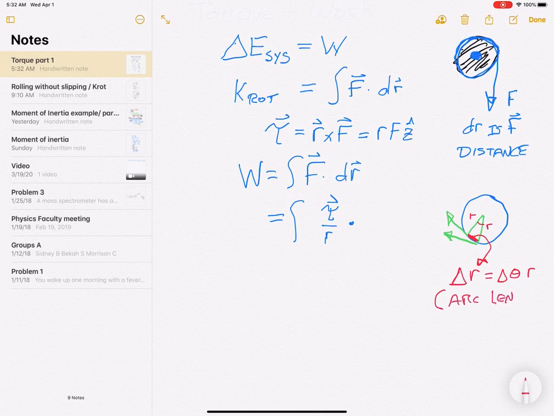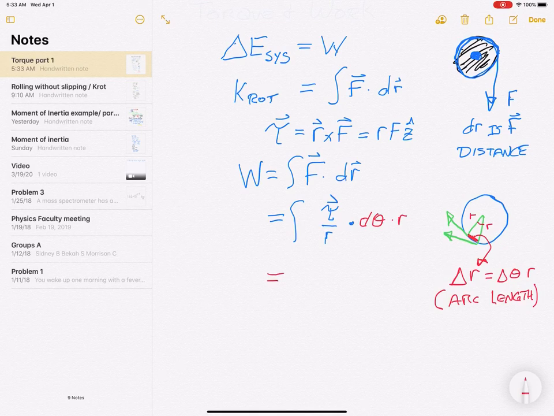And if we go back to our work earlier, it's what leads to things like V equals R omega and other useful rotational terms. So the force is going to travel over a particular arc length. So delta R, dr, becomes the change in theta times R.